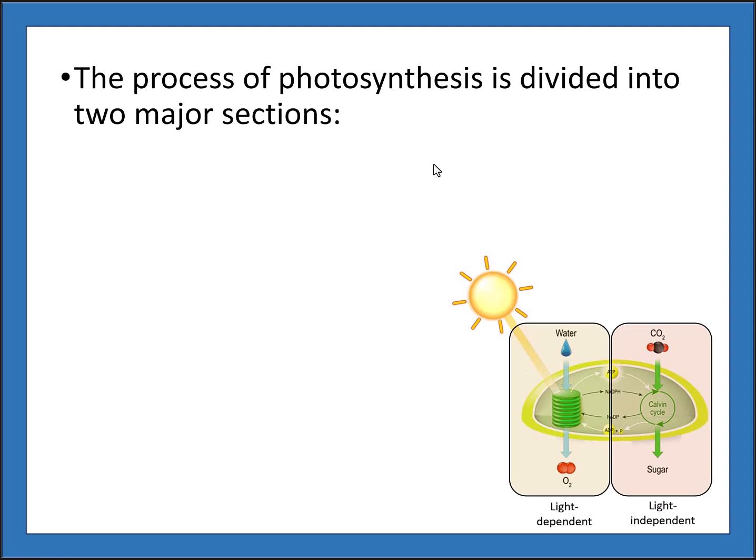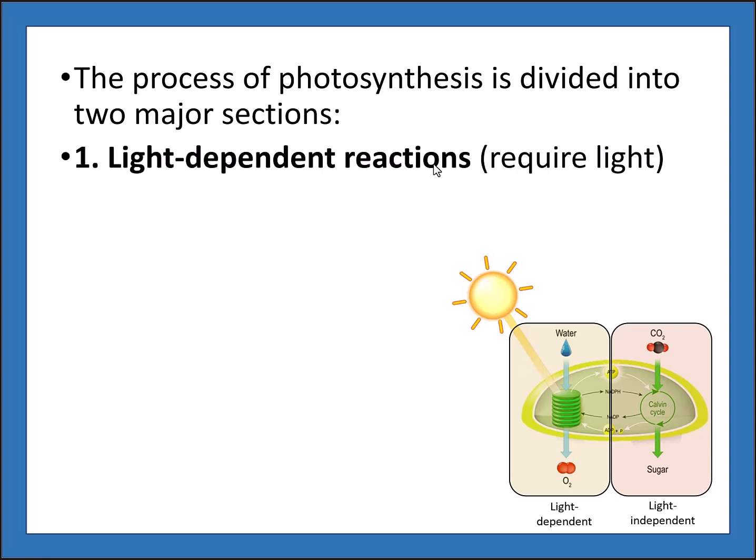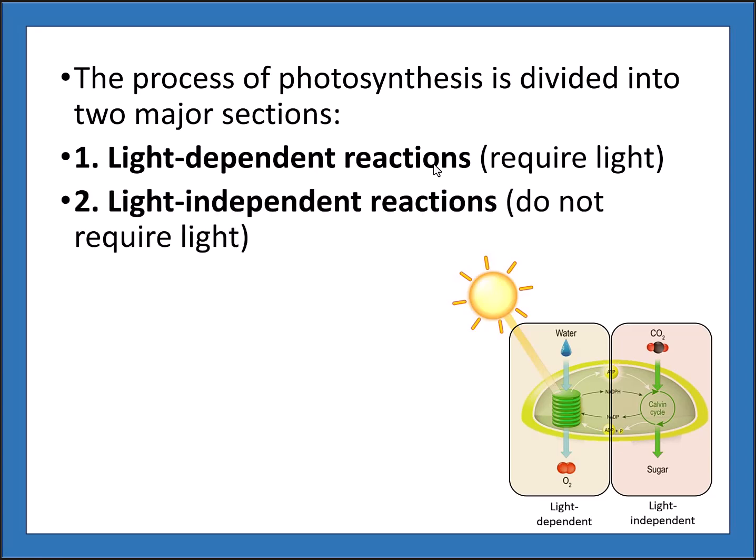This process is divided into two major sections. The first one is called the light-dependent reactions because they require light. They're dependent on light. And then the second major section is called light-independent reactions because they are independent of light. They do not require light energy.